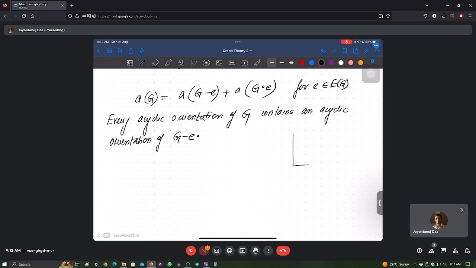For example, suppose we are considering this cycle C4, and let us give an acyclic orientation. So this is acyclic, right? This orientation is acyclic. Now suppose this is my edge e, and we are considering G minus e. Then I have this graph.